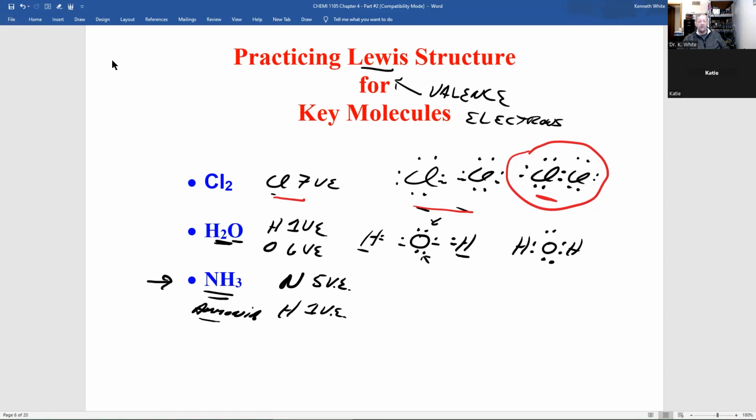Now, to make this work, nitrogen has to be in the middle of those 3. How do we do that? Those are my 5 valence electrons. I have a hydrogen, that's 1. Remember, we have 3. A hydrogen here, 1 valence electron, and my third one.